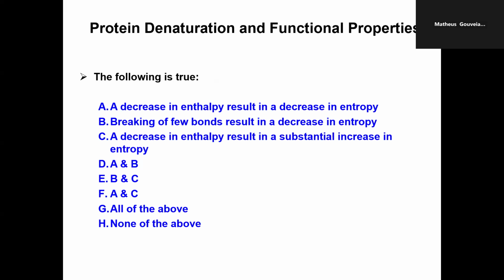Denaturation is additive. Once you break two bonds, more will be broken very rapidly. A decrease in enthalpy, meaning a decrease in the contained energy through the breakage of some bonds, will cause a substantial increase in chaos, in entropy. Okay, so C.